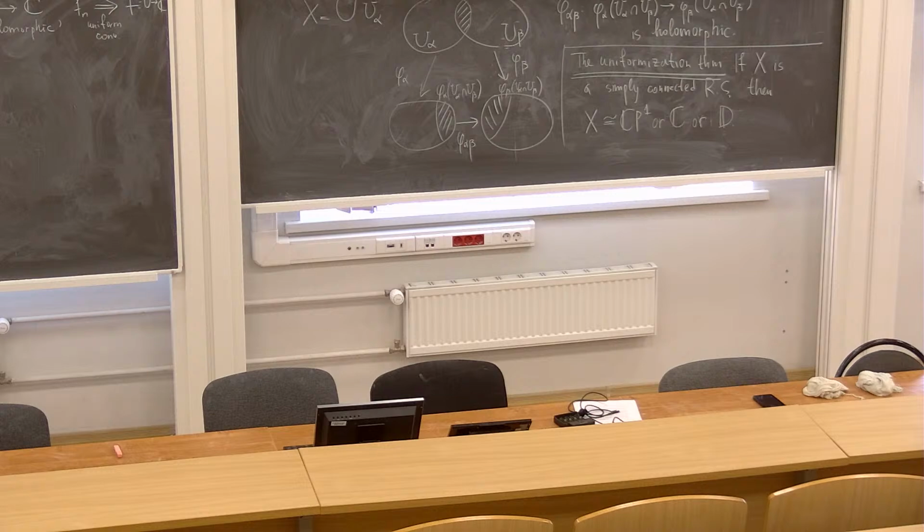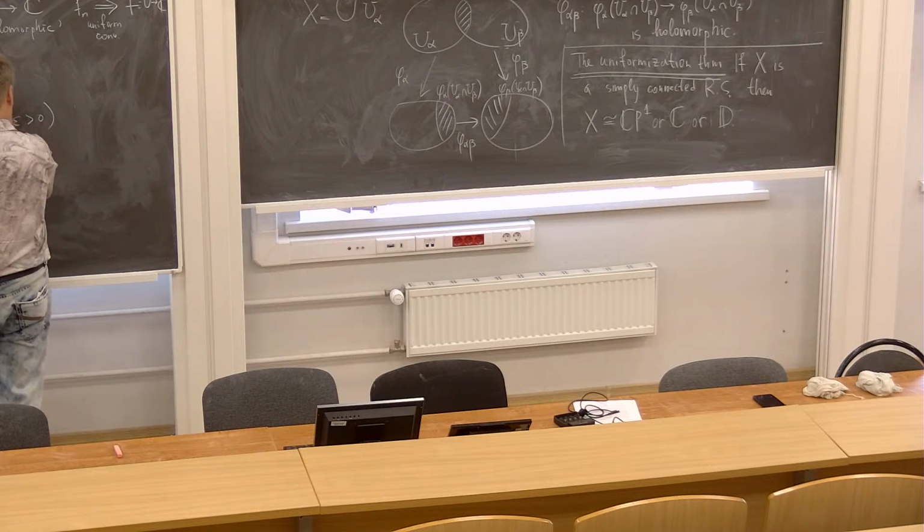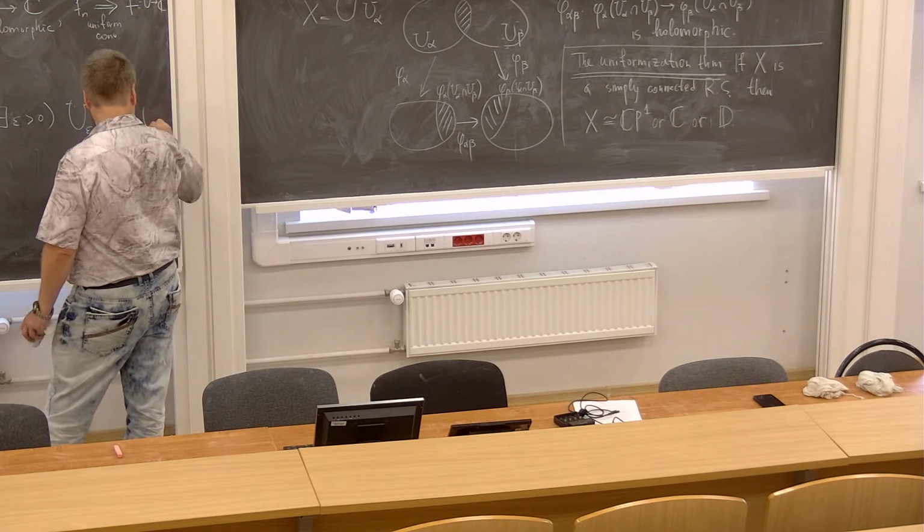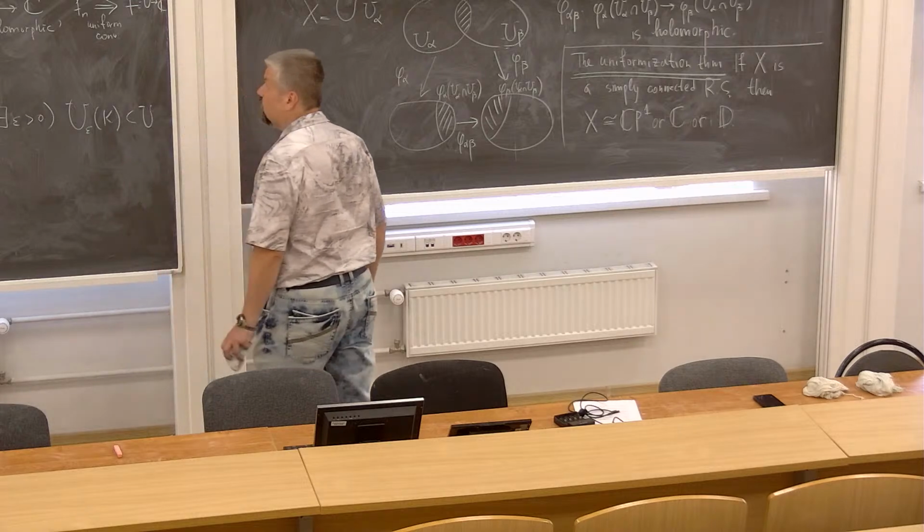So this will be the first step. Then the second step is the following. Let's take a compact subset, a compactum K in U, and then there is some positive epsilon, so that the epsilon neighborhood of K also belongs to U. So there is an epsilon bigger than 0, such that the epsilon neighborhood of K is also a subset of U.